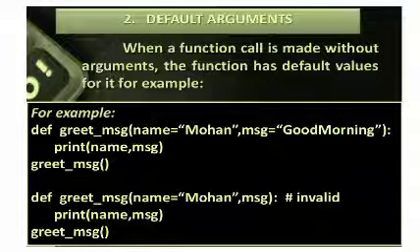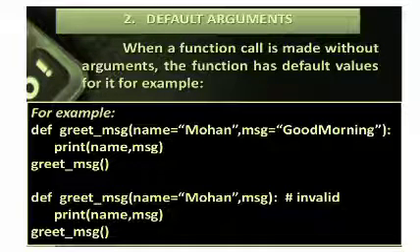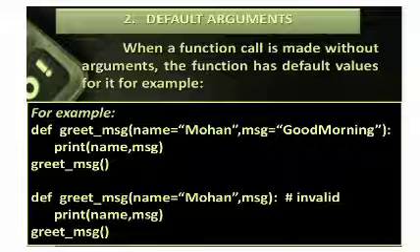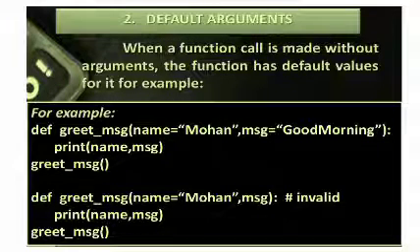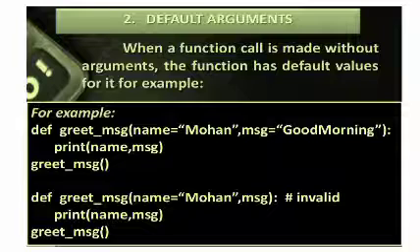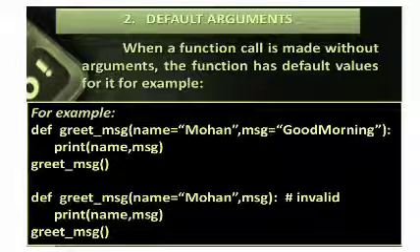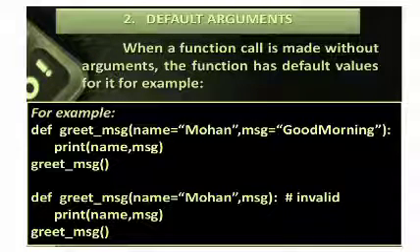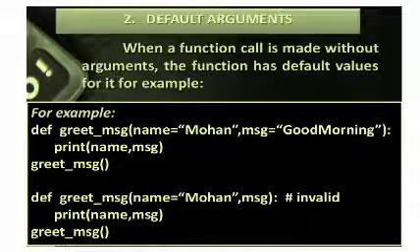Here greet_msg has first argument name and second argument msg, and then Mohan. It simply prints name and msg, and if we call greet without any argument, it will print Mohan good morning message.